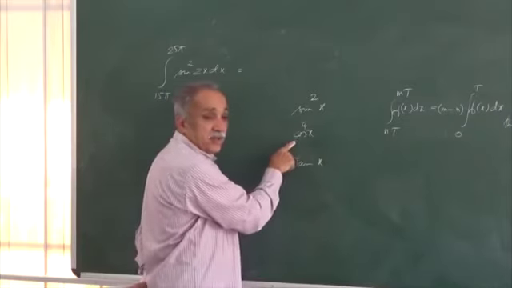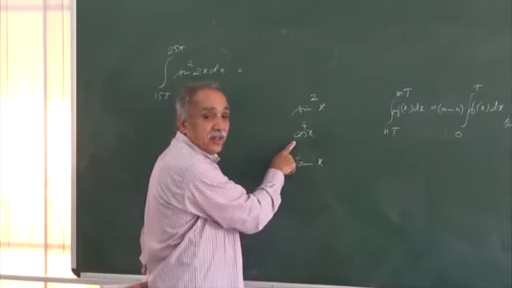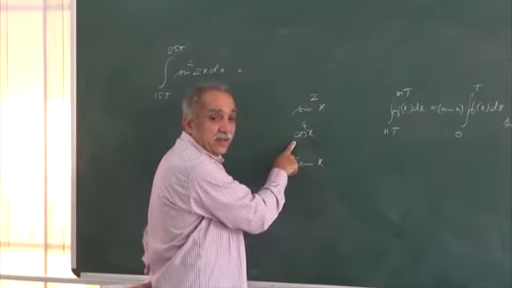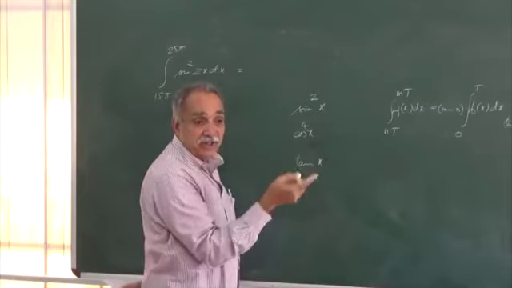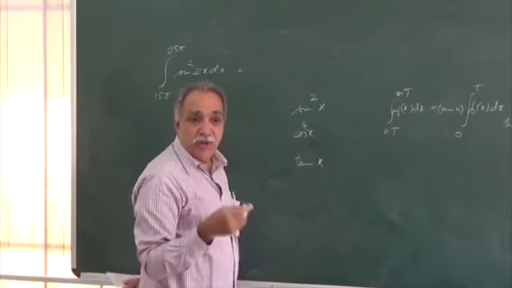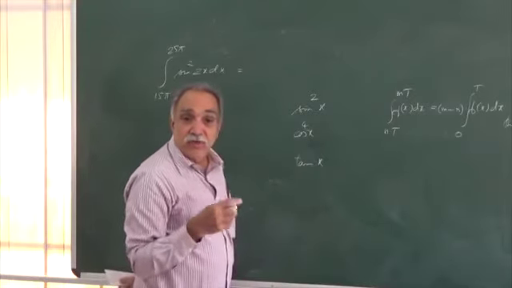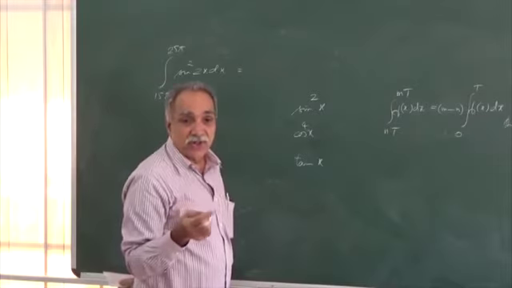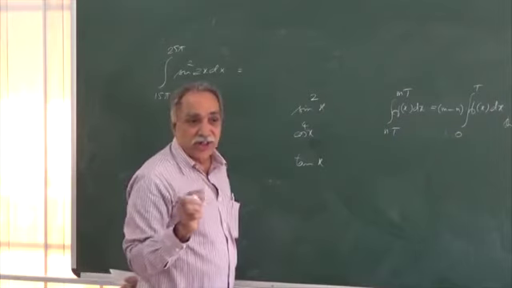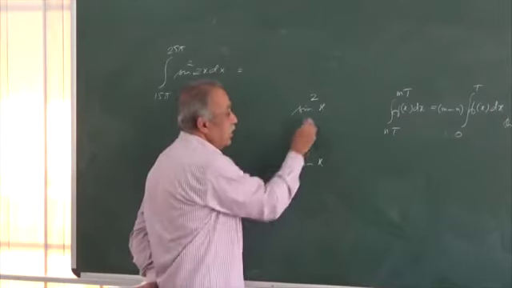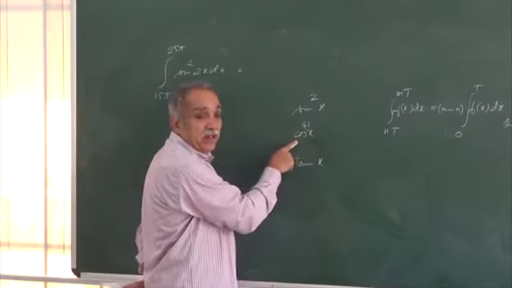Now the period is pi. Cos power 4 of pi minus x. Is it not same as cos power 4 of x? Cos of pi minus x may be minus cos x. But when you raise both sides to an even power, will not the two sides be equal? Yes. Now the period will be 2 pi?